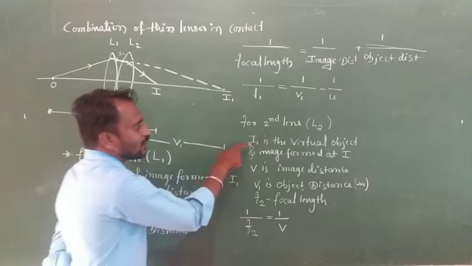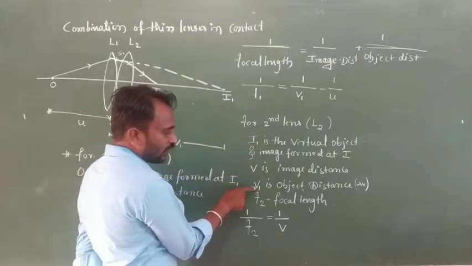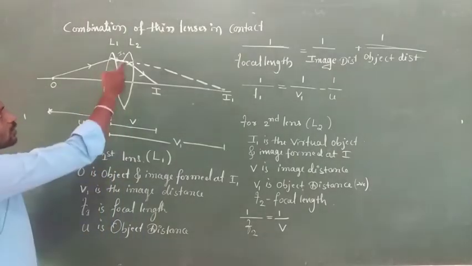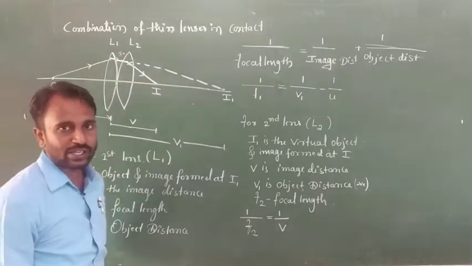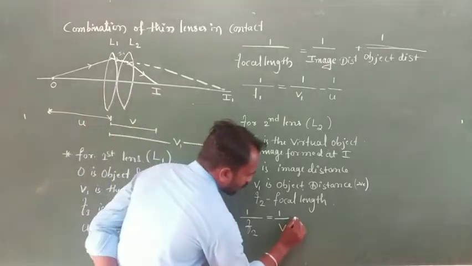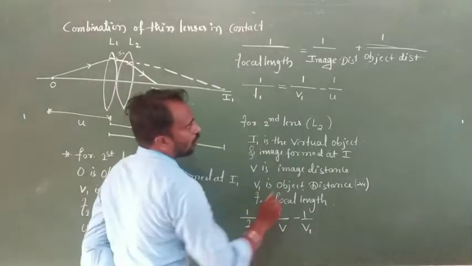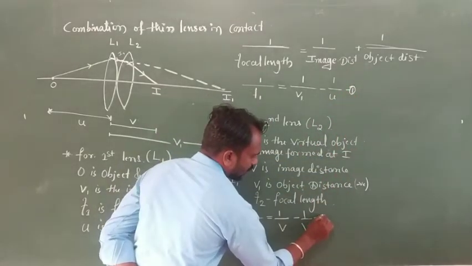I1 is a virtual object, so V1 is the object distance, and it is negative because it is on the backside of L2. According to sign convention, it is minus 1 by V1. This equation we call equation 2, and the earlier one equation 1.